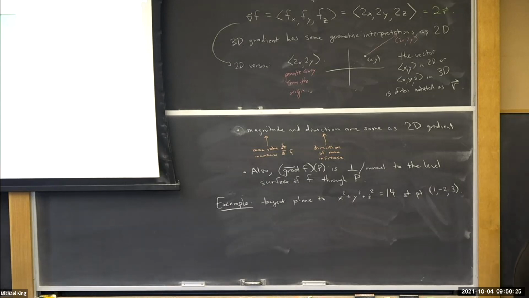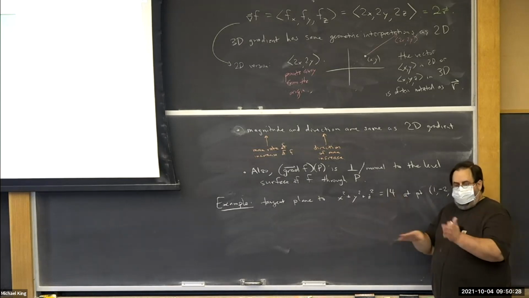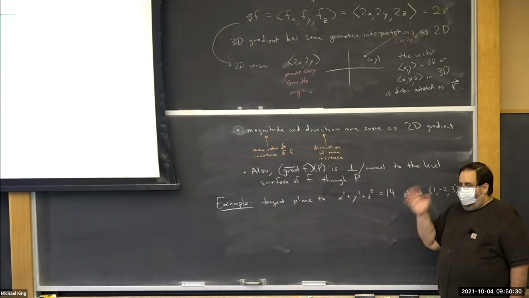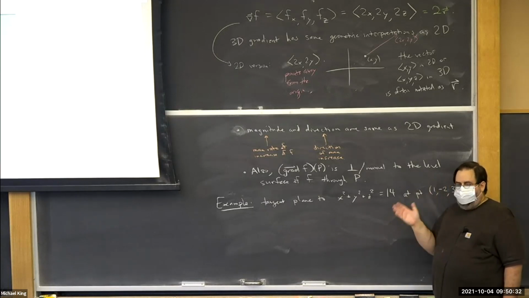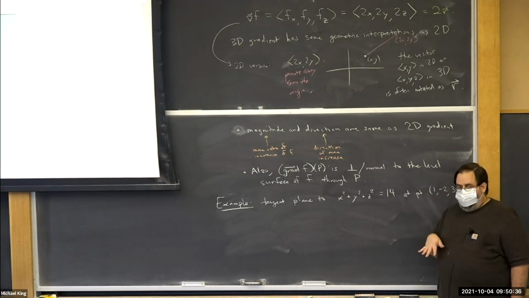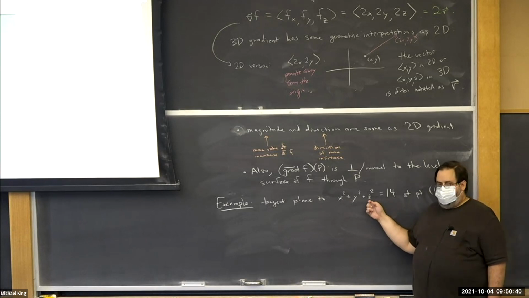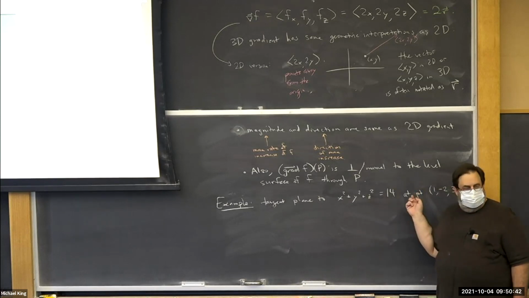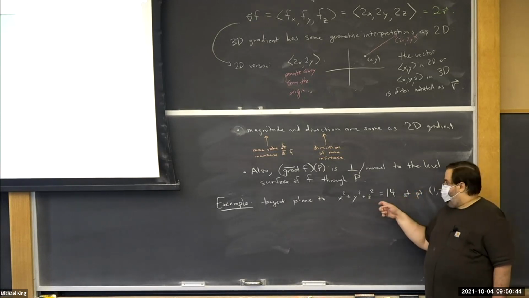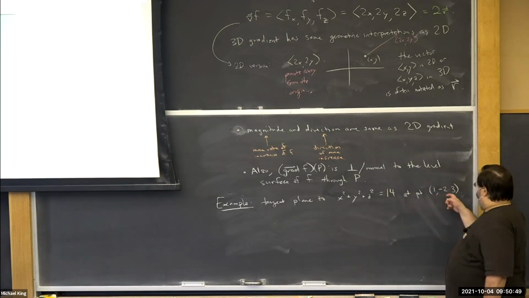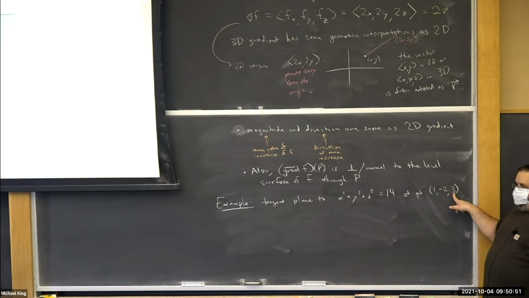Before today, what we've done was use the partial x and the partial y of a function of 2 variables to get the tangent plane. So you'd have to solve this for z, and you'd have a square root involved: z is the square root of 14 minus x squared minus y squared. You'd have to check the plus or minus. I guess z is positive here, so you'd be on the plus.